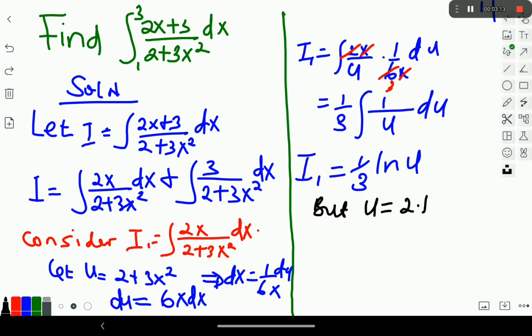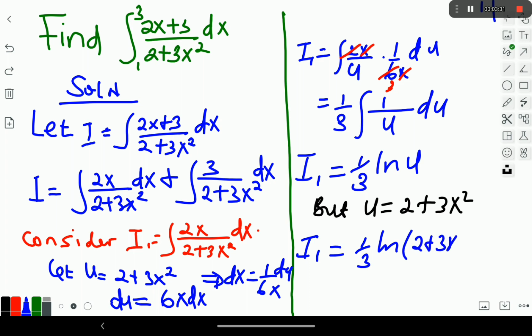But what is u? u is equal to 2 plus 3x squared. It's a matter of substituting, and then we shall get I1 equal to 1 over 3 ln of (2 plus 3x squared).